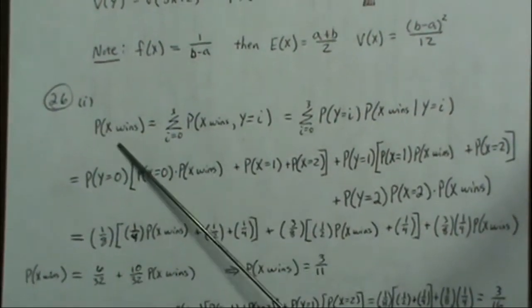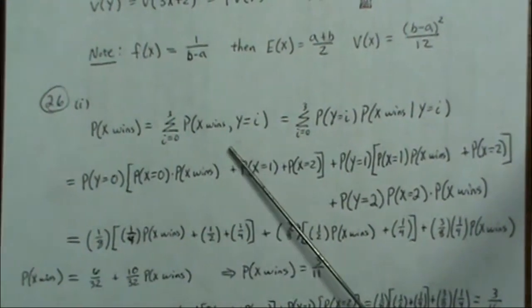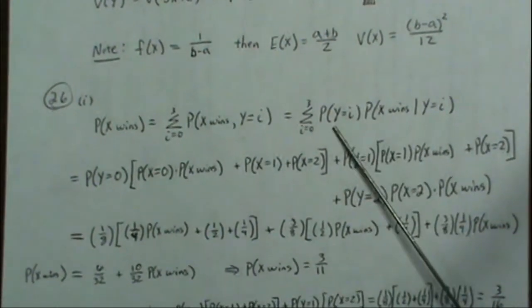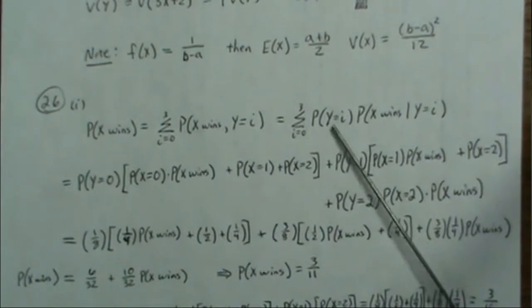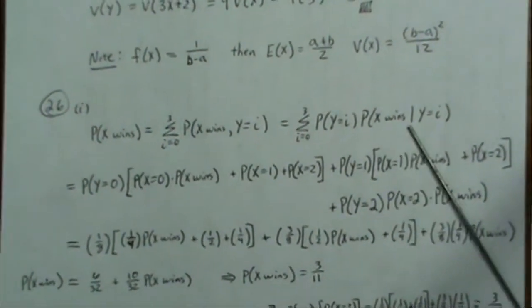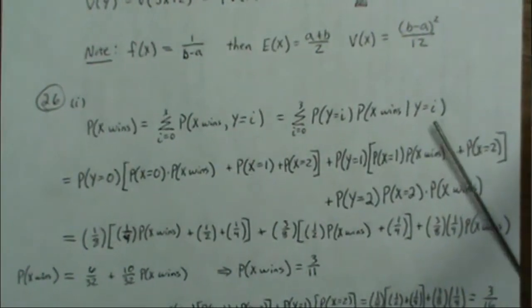So this doesn't affect our wins. And then we can rewrite this joint as the conditional of the probability that Y is equal to I times the probability that X wins, given that Y is equal to 2.